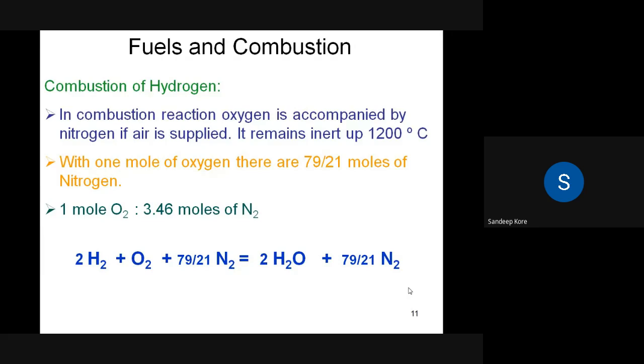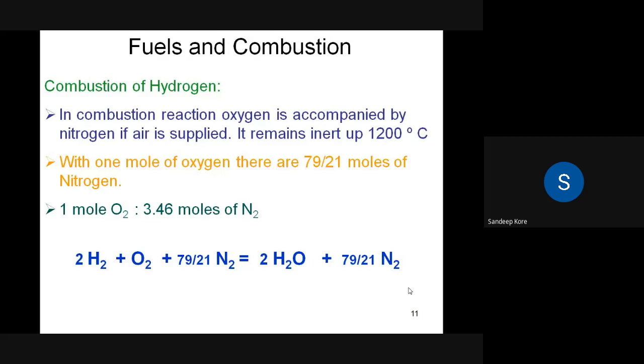So if you are writing this equation, the nitrogen remains inert in the chemical reaction. So we can write 2 H2 plus O2 plus 79 by 21 N2 is equal to 2 H2O plus 79 by 21 N2.